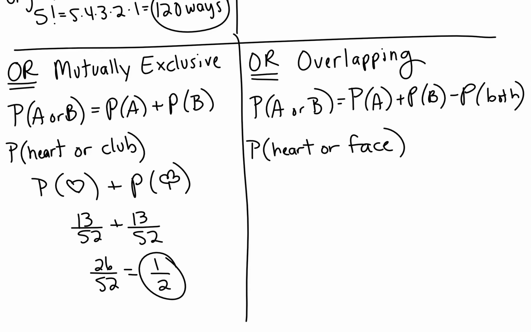So if there's 4 suits, that means there's 12 face cards. So we'll start with the probability of a heart. We're going to add the probability of a face. And then we're going to subtract the probability that it's a heart with a face, that it's both.